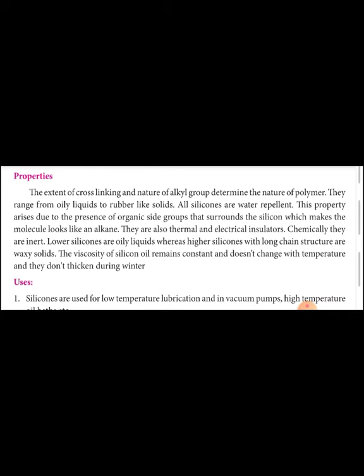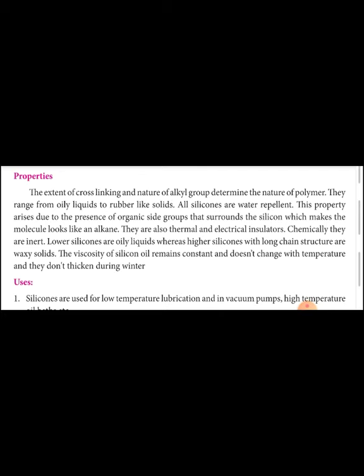If the number of alkyl groups increases, with higher molecular weight, it changes into a solid form. So depending upon the nature of the alkyl group, the polymer also changes. They range from oily liquid to rubber-like solid. First it is like a liquid, and then as the molecular weight, that is the alkyl or aryl group, increases, it changes into solid form. Then the third point: all silicones are water repellent.